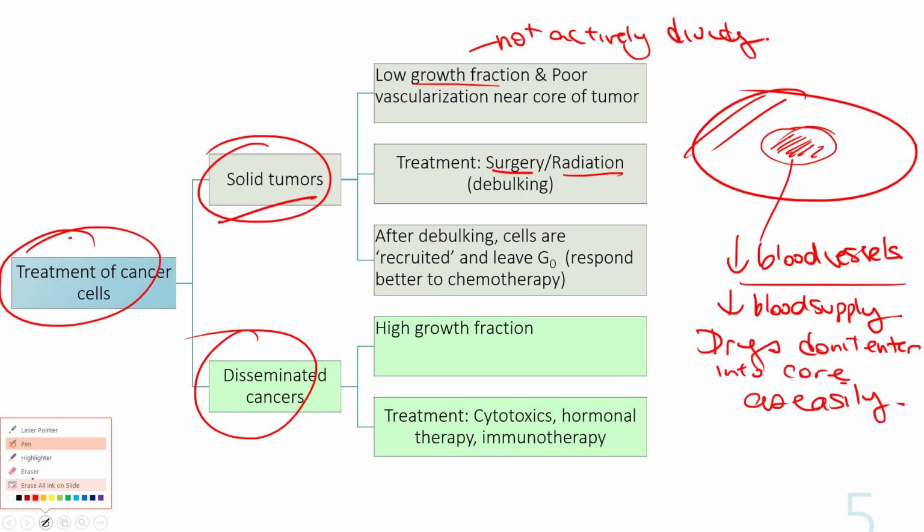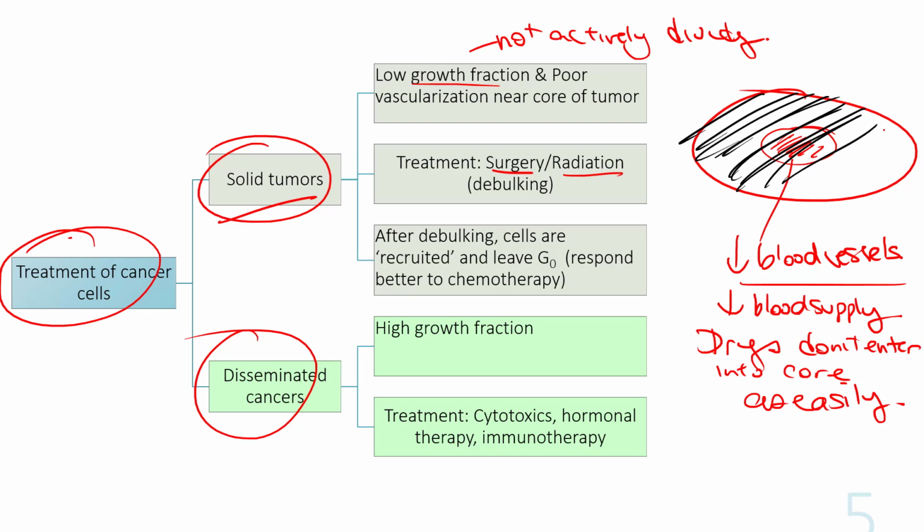So I'm going to remove this tumor. Say I'm going to cut that out, and then whatever remaining part will actually leave G0 and enter into the cell cycle, and then you can actually hit it with chemotherapy, right?